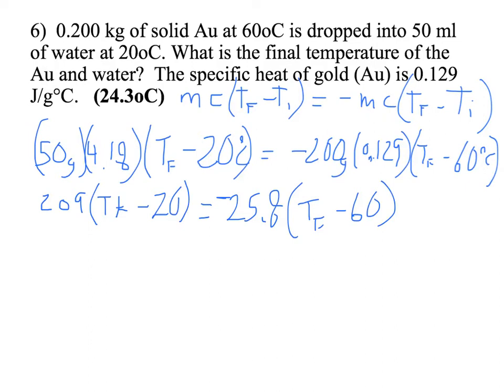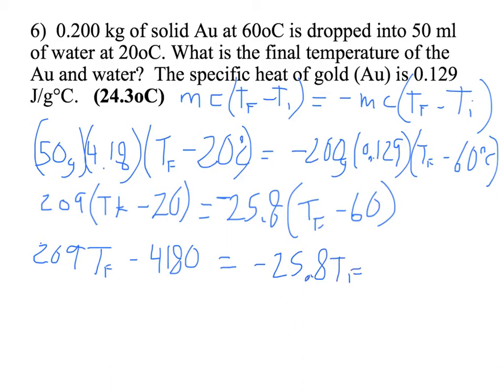Now I have to distribute these numbers. So I have 209 TF minus 4180 is equal to minus 25.8 TF. Now the two minus signs that we have here, this minus and this minus, they cancel each other out to be plus 1,548.